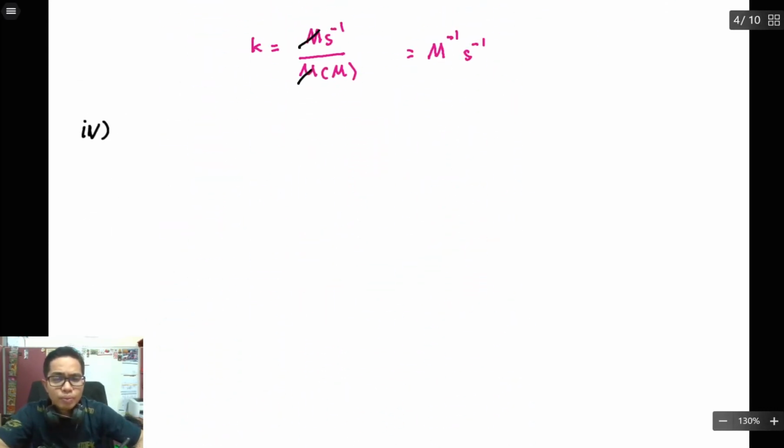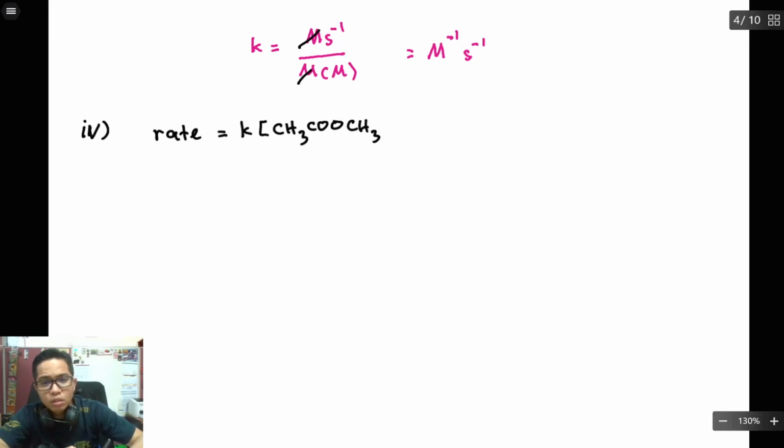So, sekejap tengah fikir. Using rate law. So, rate equal to rate constant CH3COOCH3 times with OH minus.